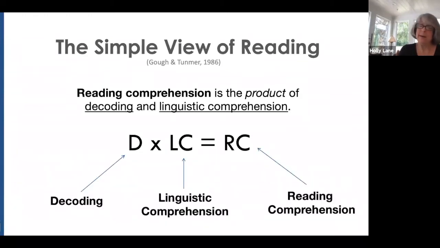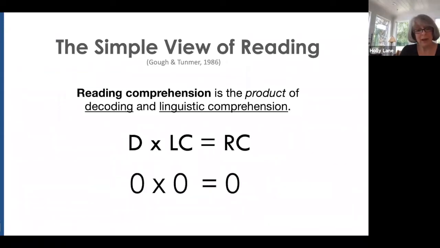And in case you're not familiar with it, the idea here is that you have to have both of these present or you won't have reading comprehension. If you don't have decoding skill and linguistic comprehension, then reading comprehension will be 0. If you have both, then it's very likely that reading comprehension will also be intact.